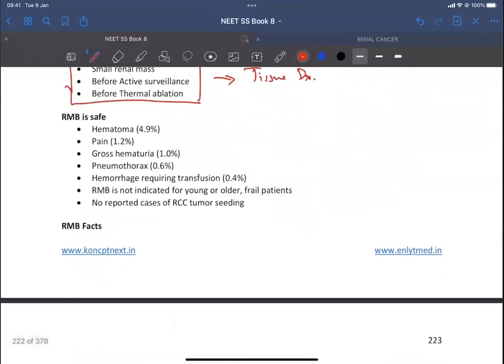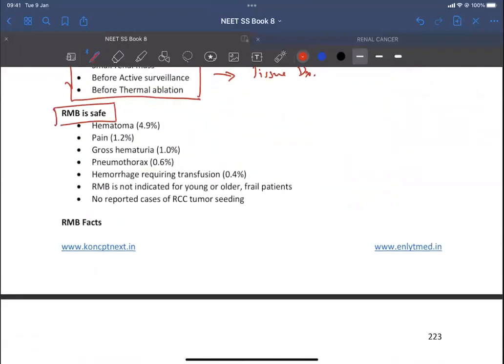So how safe is renal biopsy? It is quite safe. Seeding was previously thought to be a problem, but with renal mass biopsy there have been no significant reports of tumor seeding. It's only done when it will alter treatment or management.